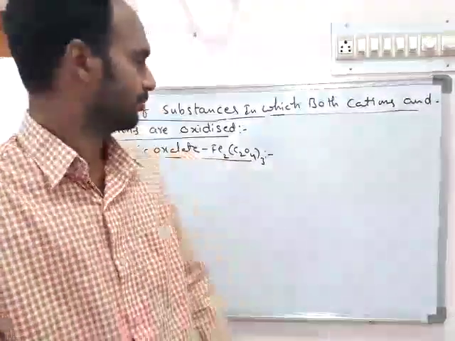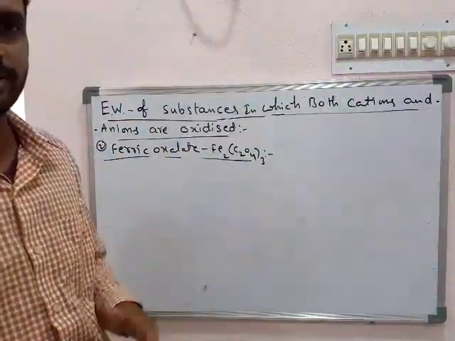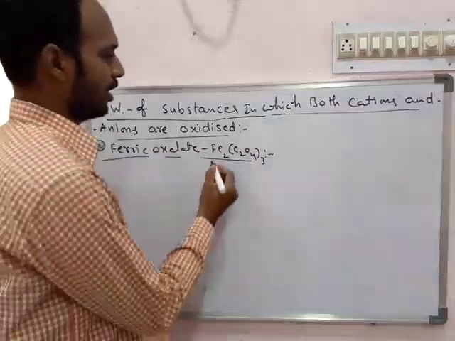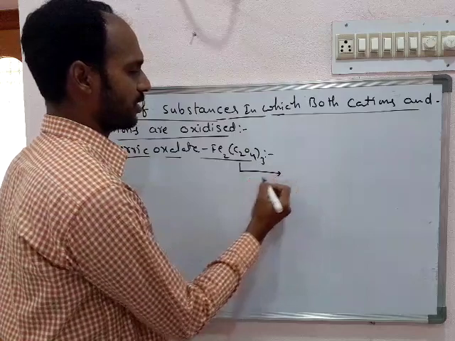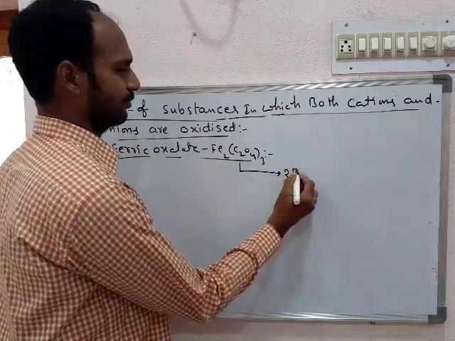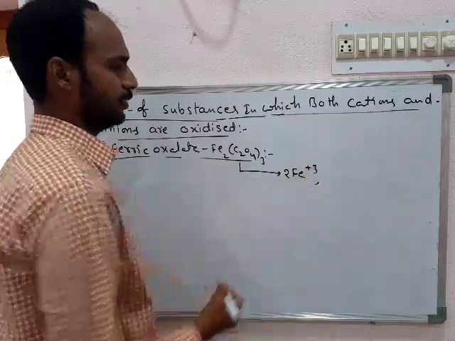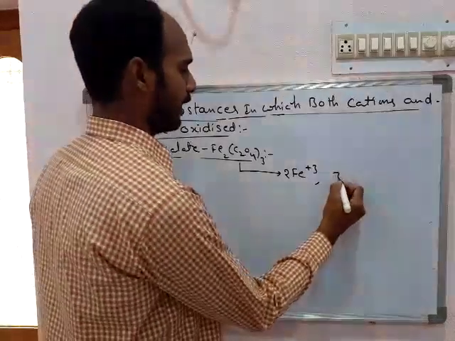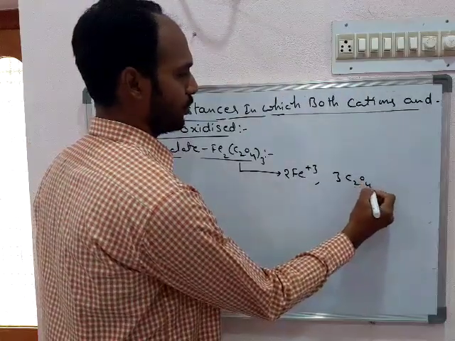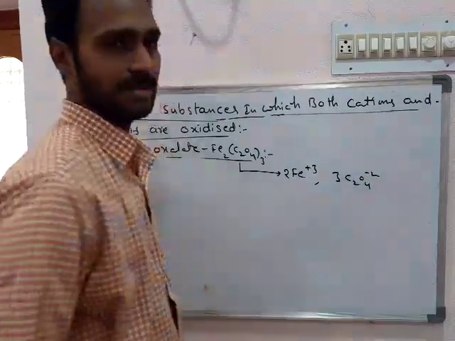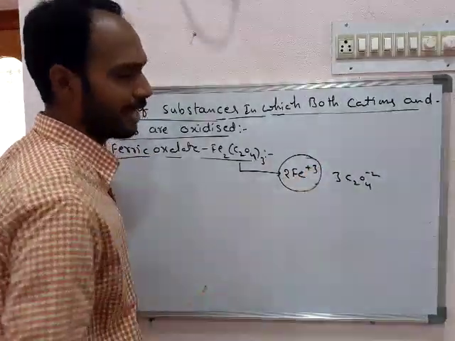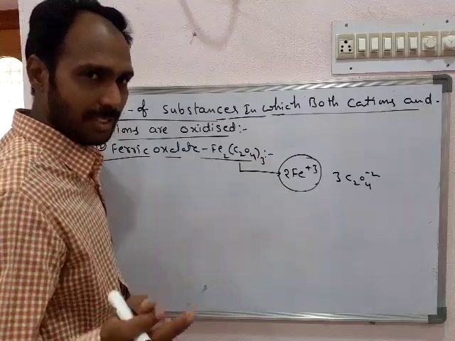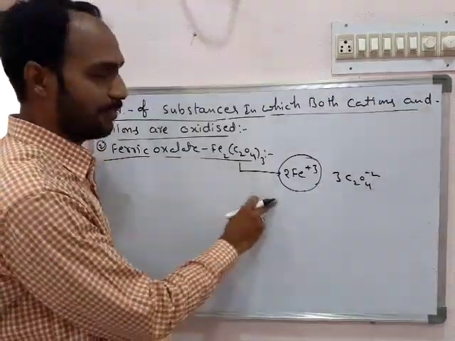So next, ferric oxalate. We know the ions obtained from this ferric oxalate are 2 Fe+3 and 3 C2O4 2- oxalate ions. Now there is no possibility of oxidation for the ferric ion. In the earlier problem, that was ferrous.